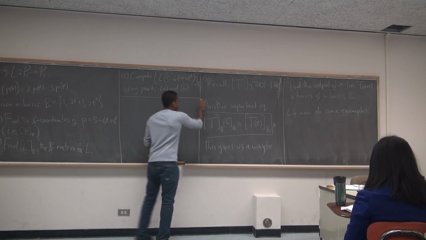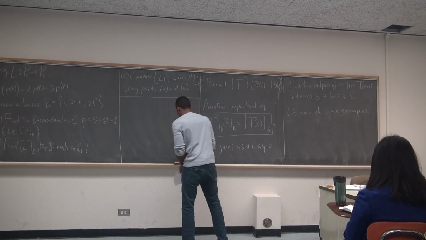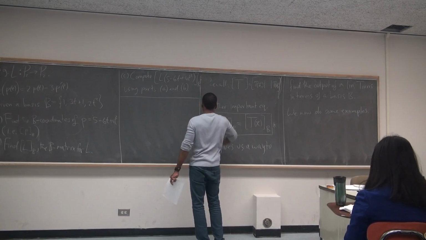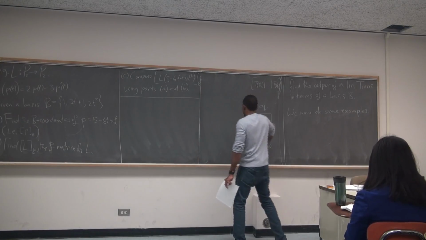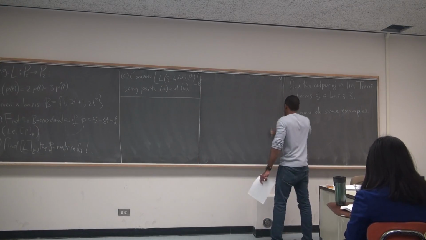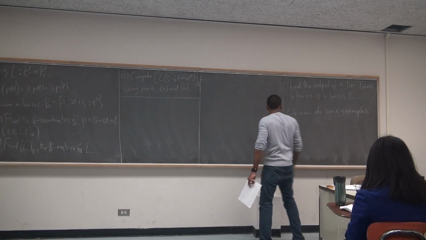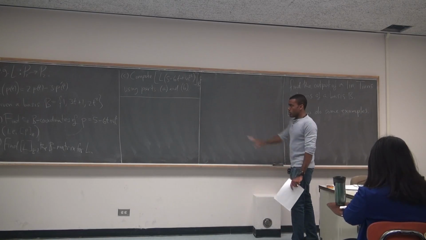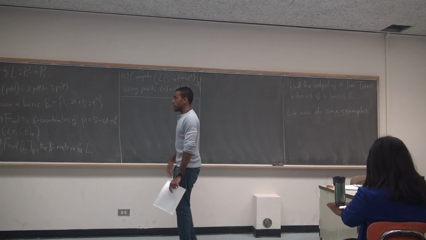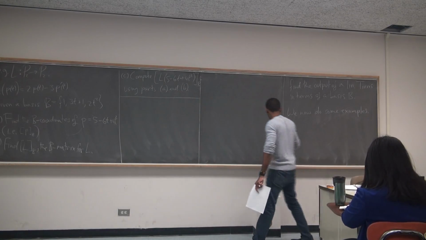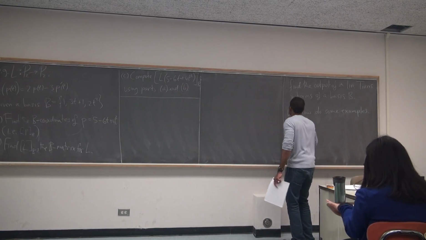Okay. That was the example. I'm actually going to do 2 examples like this from the past finals, and then you can try the rest to see if you really get it.